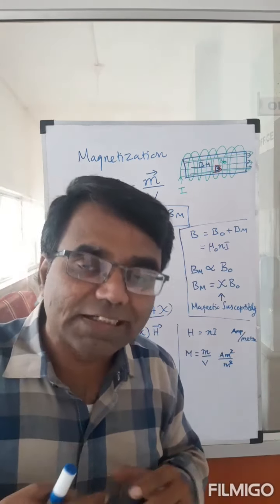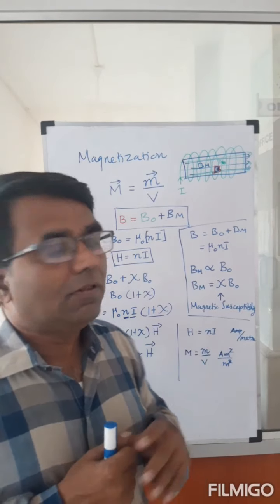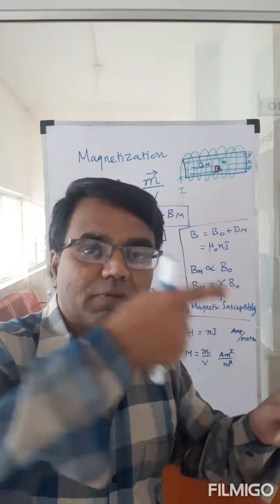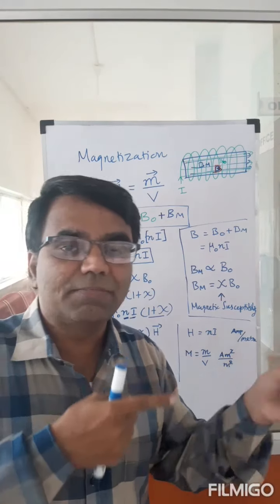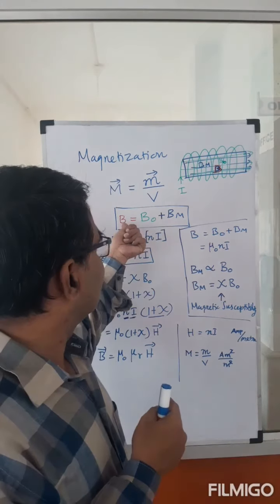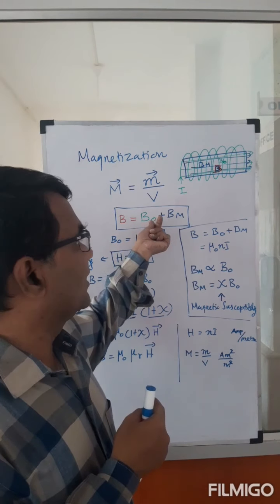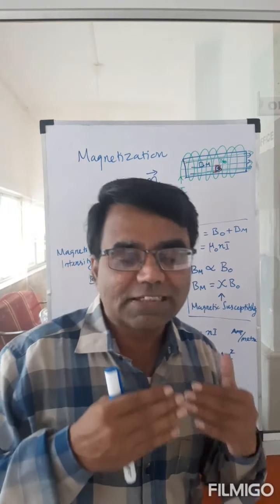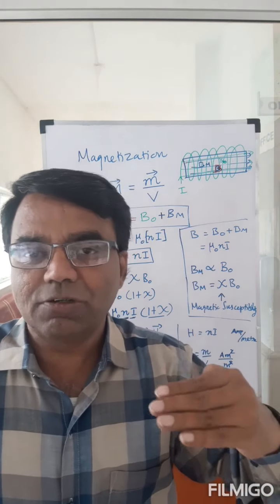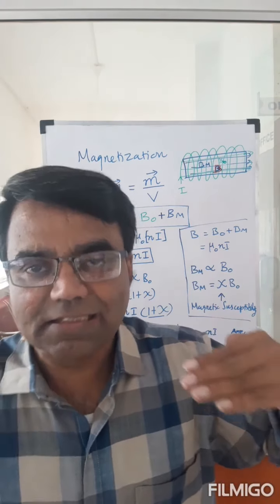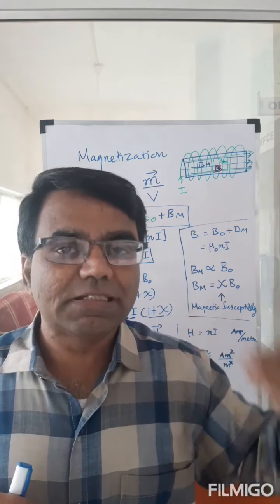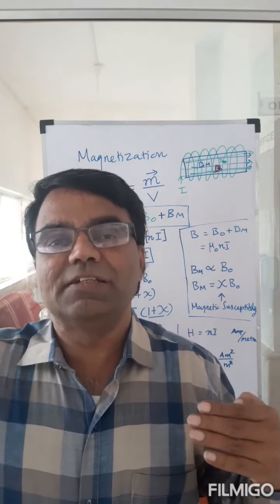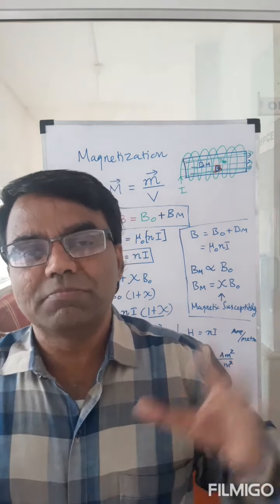In the case of paramagnetic materials, Bm will add to B naught, because it will also put the field in the same direction as B naught. So this B will be greater than B naught, but not by much, slightly greater. Diamagnetic materials, the net B will be slightly less than B naught. Paramagnetic materials, the net B will be slightly more than B naught, but not by much.